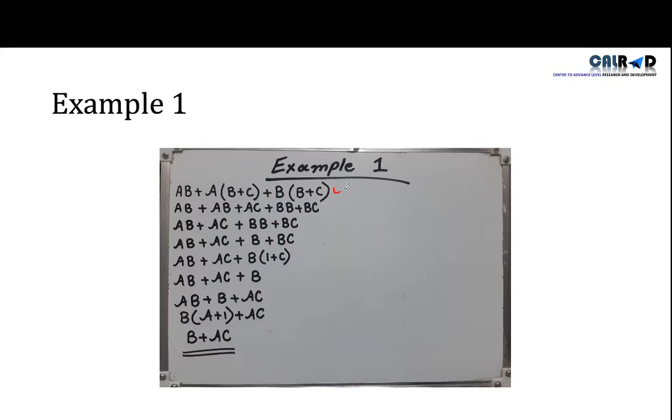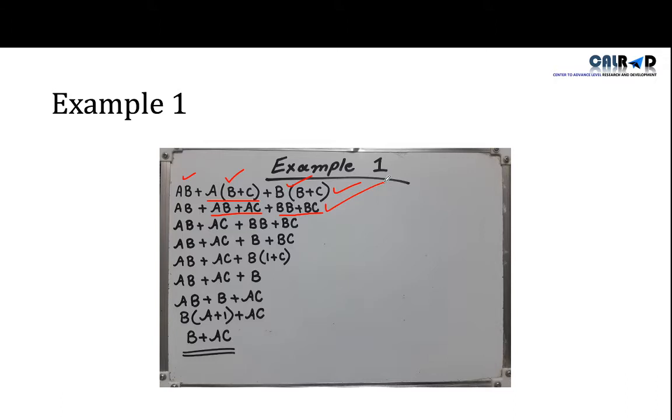So this is the equation. The first step is you have to see whether, without rules, we can do any simplification. So here we can't do any simplification, but here we can do the simplification. How? We can multiply A into B plus C. So we get AB plus AC. Second simplification we can do this, BB plus BC.